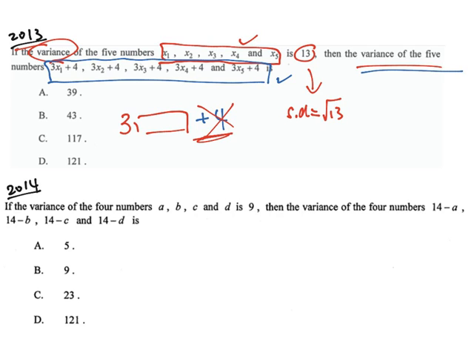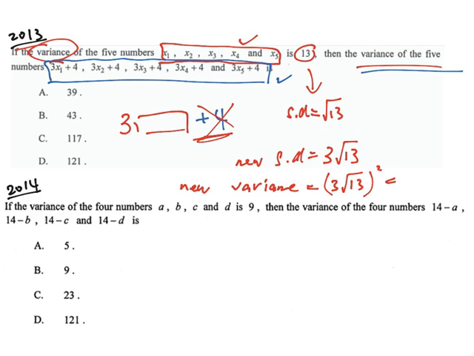And for times, it is affected. So that means the new SD is 3 times root 13. Now we need to find the new variance. So that means the new SD squared. So it is equal to 117. So the answer is C.